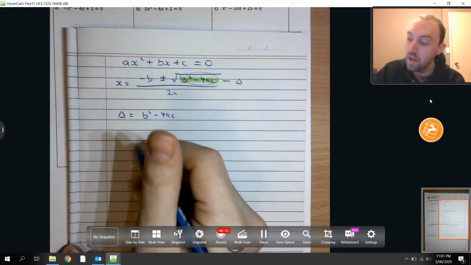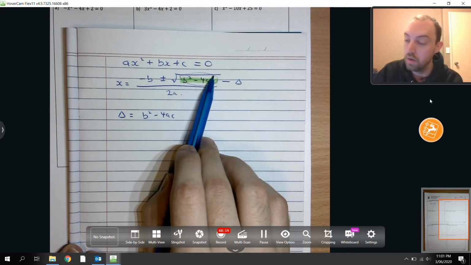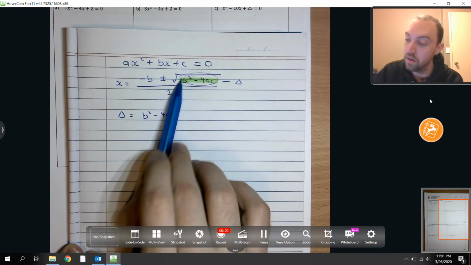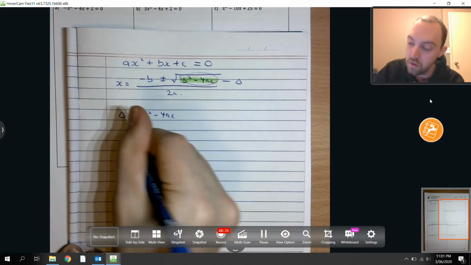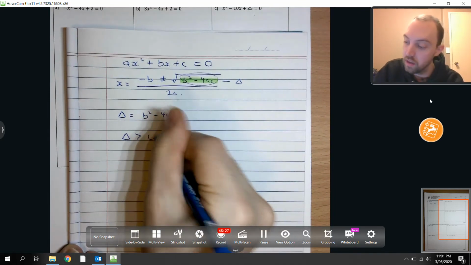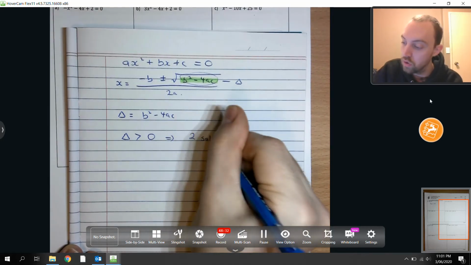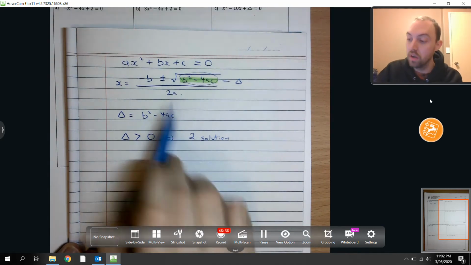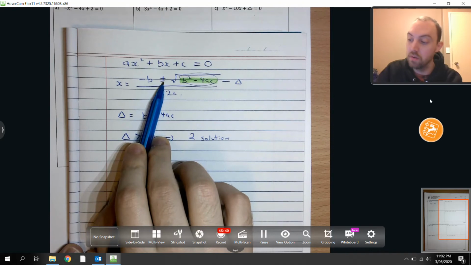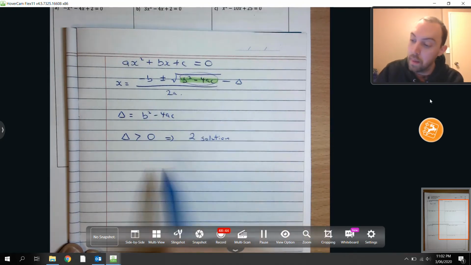If the number under the square root is a positive number, so the discriminant is greater than 0, then you have two solutions because the square root of a positive number gives you 2. One is the positive solution, one's the negative solution.